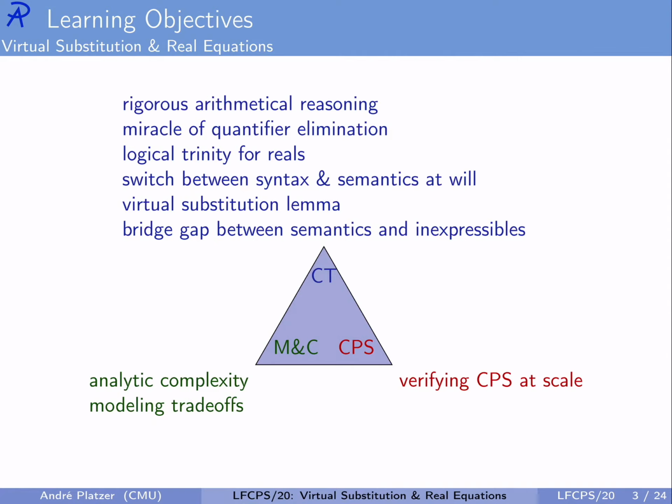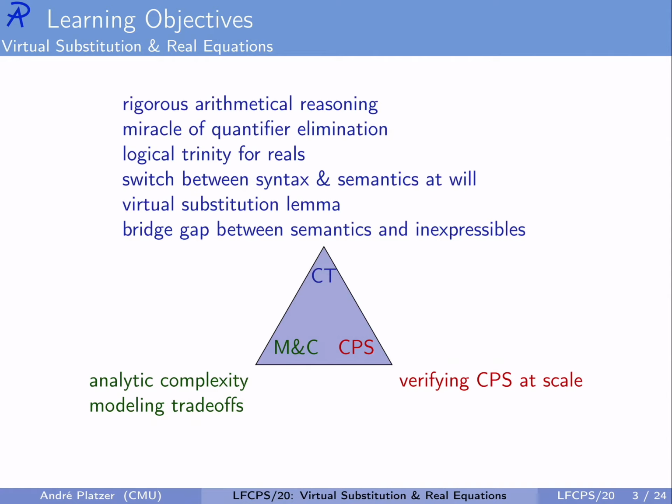We'll also be exploiting the logical trinity by the flexibility of moving back and forth between the syntax and semantics at will, which we have already done, for example, when we developed differential invariance in the 10th chapter, where we at will move between analytic differentiation d by dt and syntactic differentials, just put a prime into the term, and we moved from one to the other as we saw fit.